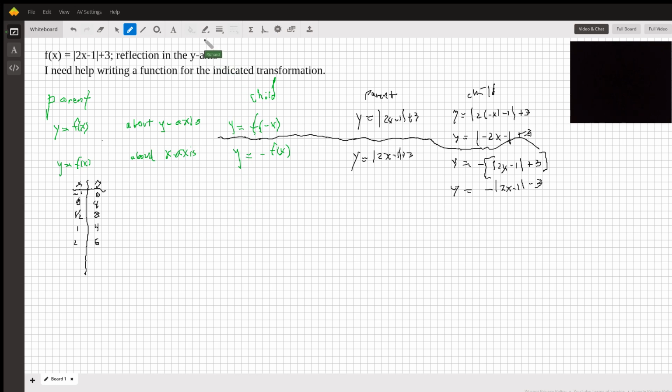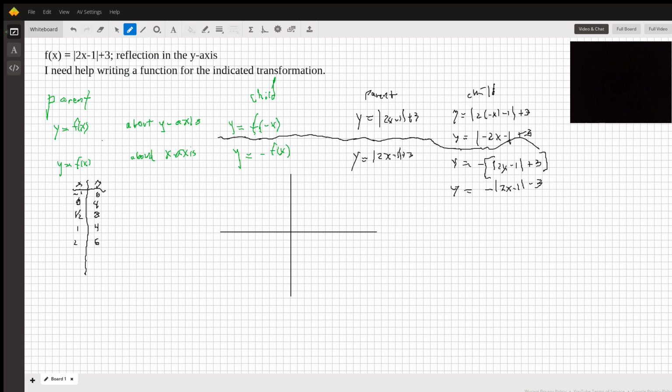Okay, so now let's take a look at the graph. First, I want to just talk about how to reflect about the y-axis.